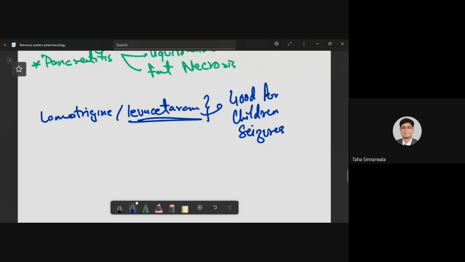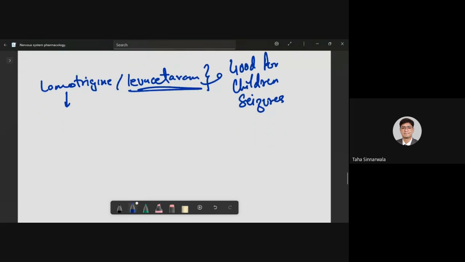They might also ask, what is the mechanism of action? Lamotrigine blocks one of three things. Do you guys want to take a guess what it might be? Sodium. Okay.